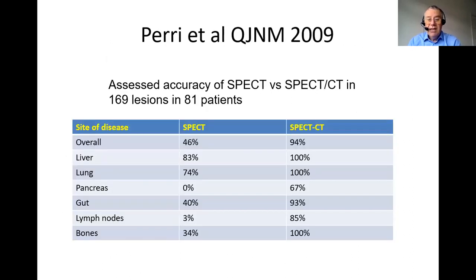There's a meta-analysis that was performed in 2009, again showing that whatever site you have tumor in, your confidence in reporting is improved immensely with SPECT-CT, particularly in things like the pancreas and lymph nodes, where it's difficult to identify exactly where uptake is unless you have SPECT-CT.